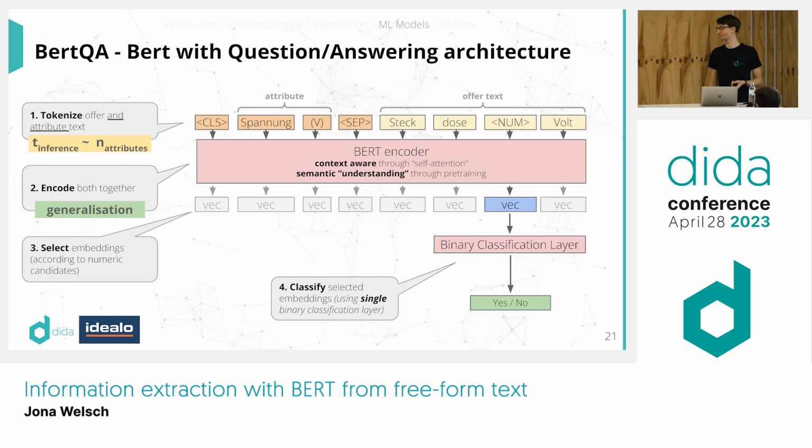The upside of this is that I have better generalization capabilities, because I don't have separate classification layers for everything. I just have this single binary classification layer, which is the same for every single attribute, same for every category. And I also could, in theory, just input a new attribute the model has never seen in training before, and still probably get a reasonable answer, because I can leverage the pre-training of BERT and also the domain-specific knowledge BERT has learned through my training.